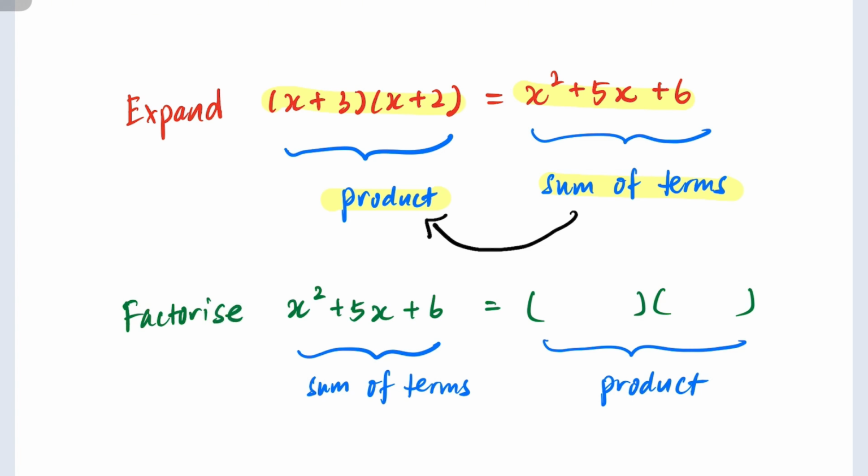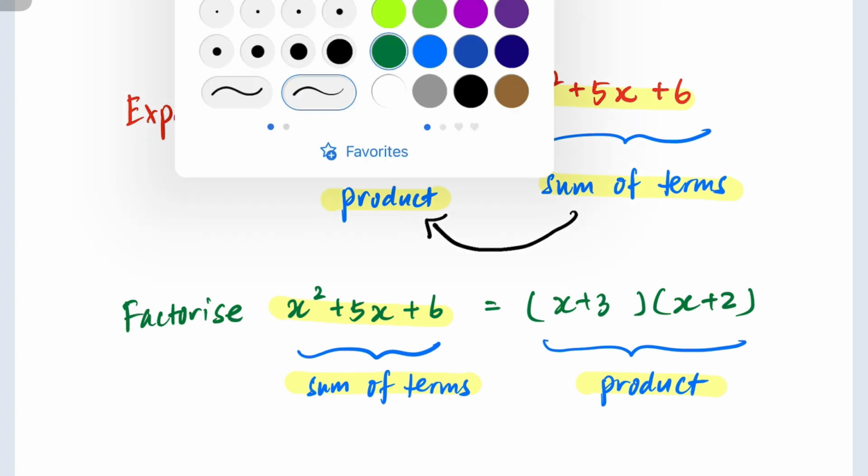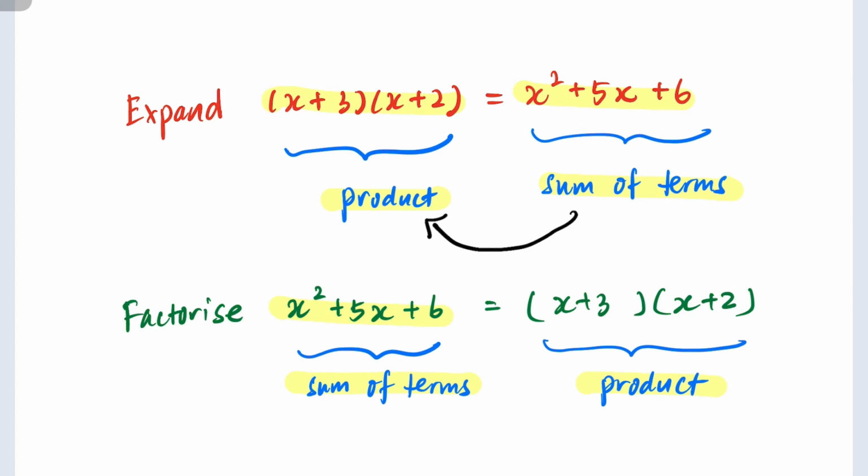So when we factorize, we must start with a sum of terms, in this case x squared plus 5x plus 6, to get a product. And the product would be, in this case, x plus 3 and x plus 2. Right? x plus 3 and x plus 2 are actually called the factors of x squared plus 5x plus 6. So in other words, when we factorize, what we will get is a product of factors.